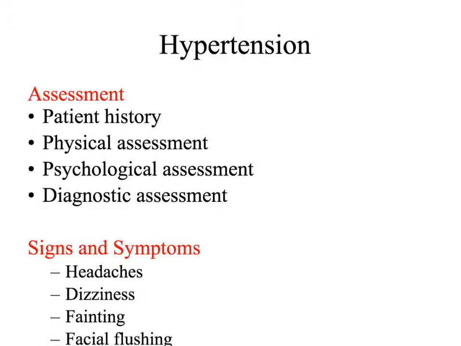This is usually due to that quick change in position. You have these baroreceptors that regulate your blood pressure according to your posture, or your position. So if you get up too quickly, sometimes it can drop your blood pressure because it doesn't give those baroreceptors in your body time to adjust the blood pressure to it.